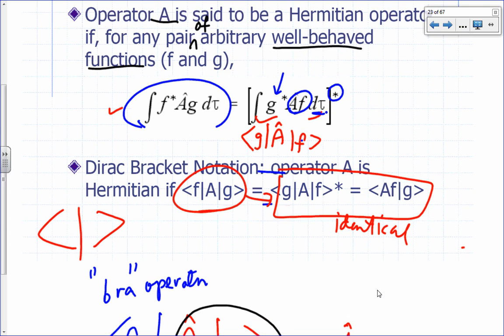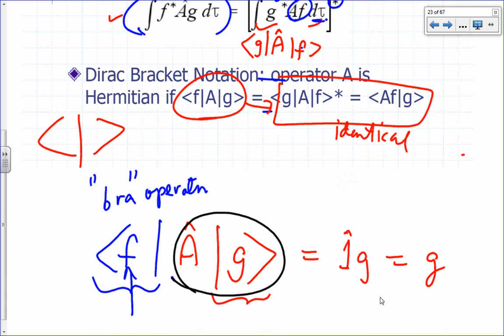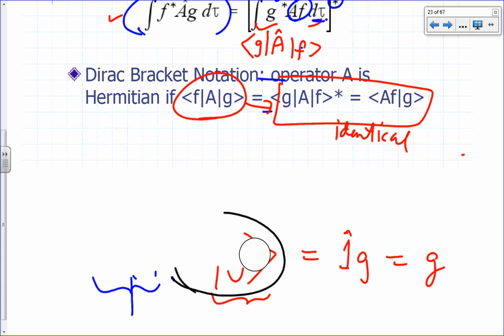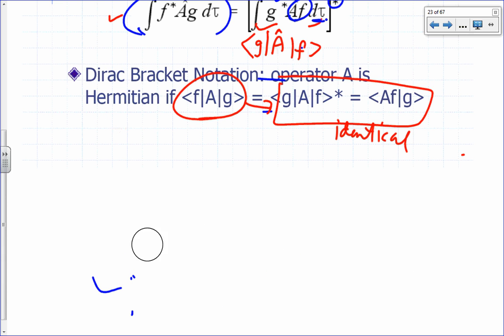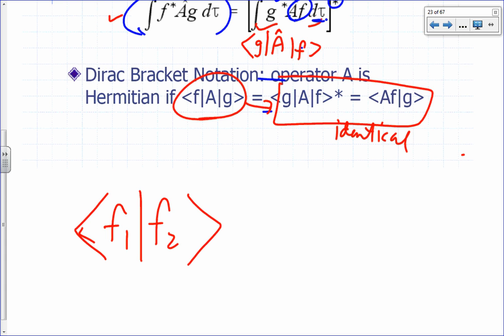All right, so what do we mean by A hat F G over there? When you have something like that, let's use another letter. Let's say F1 bracket F2. What if you don't have an operator in between? What does that mean? Ket F2 means multiply F2 by 1, right?